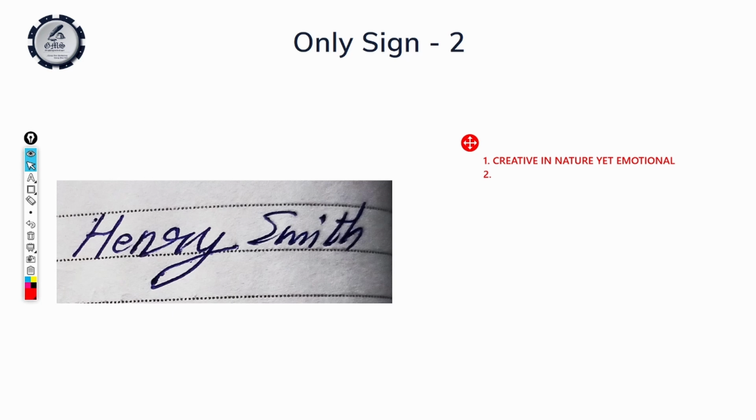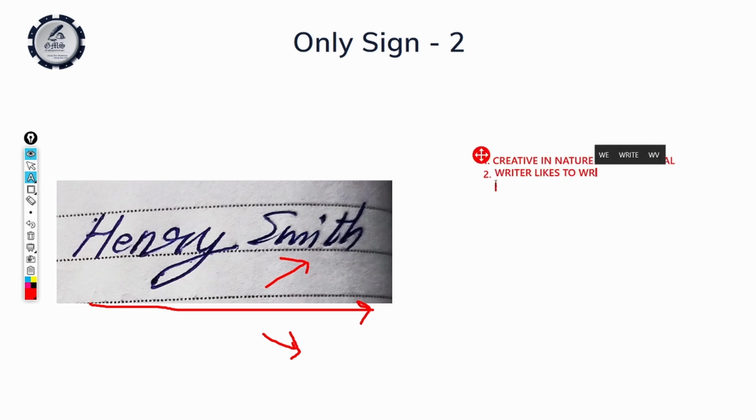What else can we look at? Yeah, the signature looks straight, right? It's completely straight. It's not going in an upward direction, nor in a downward direction. What does it mean? Well, it means that the writer likes to work behind the scenes, instead of being in front.